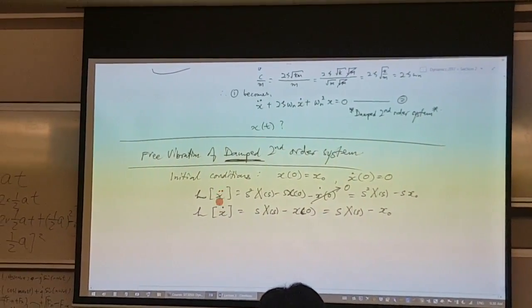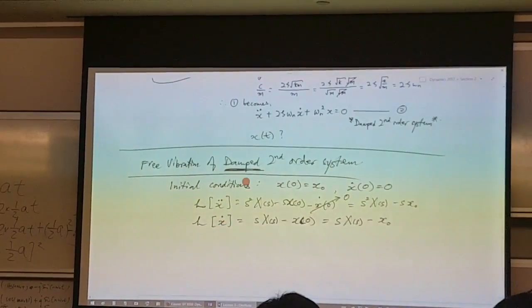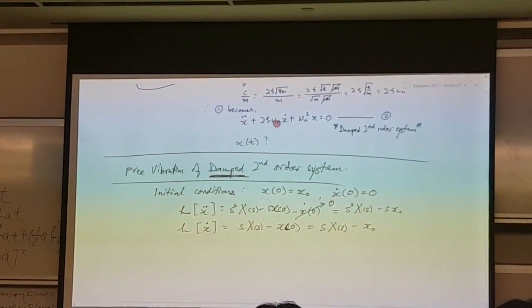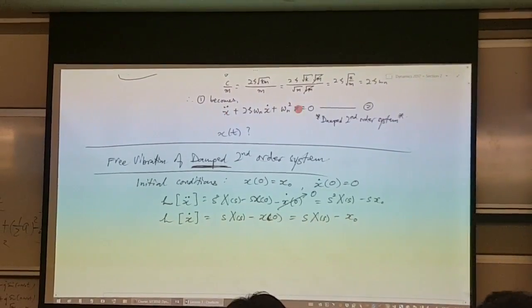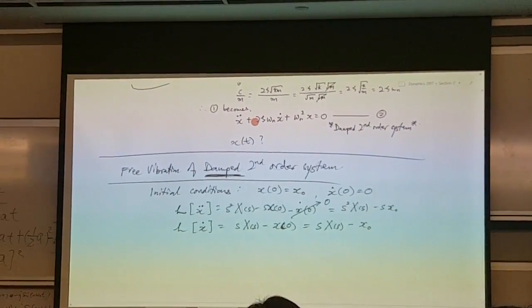Why do I take Laplace of this x dot dot and x dot? That's because I'm trying to solve this second order differential equation.